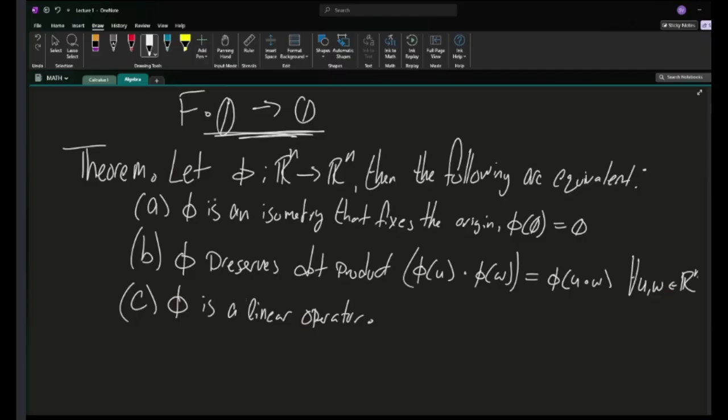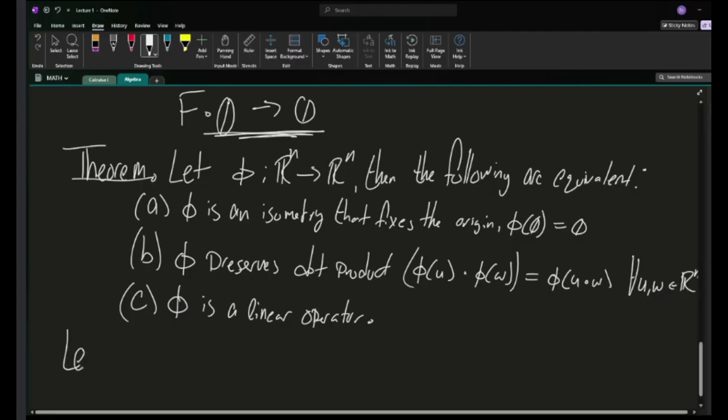So in order to prove this theorem, I want to first introduce a lemma.